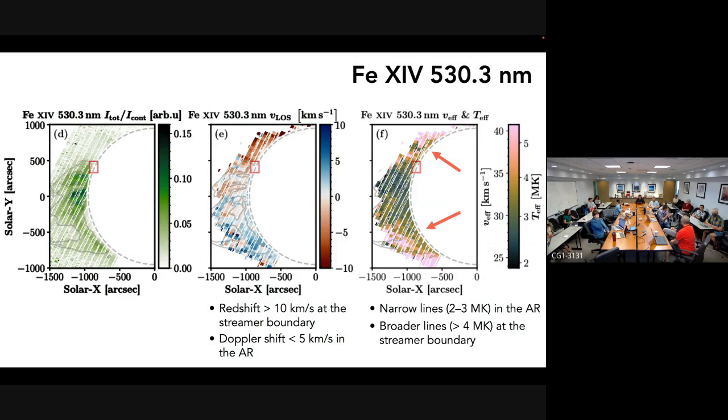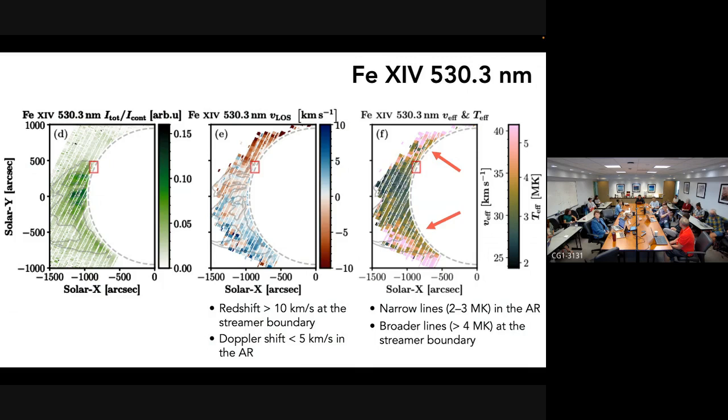But I'm curious why the effective temperature was larger in the larger scale structures, because those are both closed regions. Yeah, but I think those regions are at the boundary between the closed and open field structures, at the edge of those streamers.